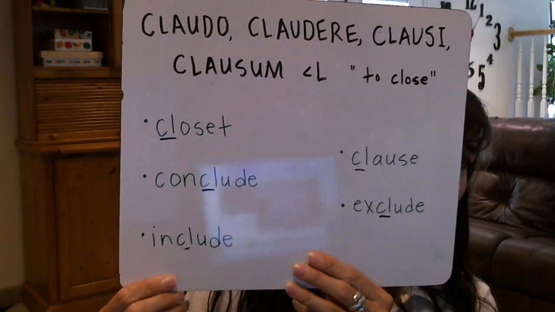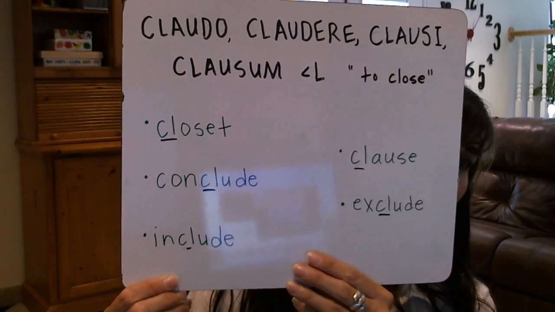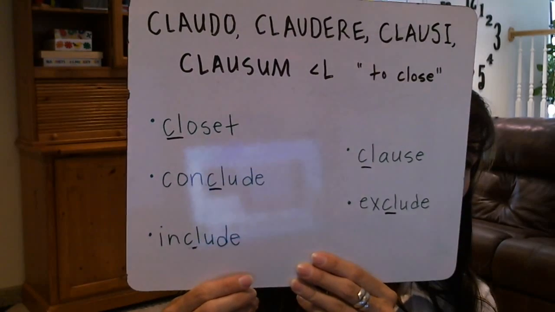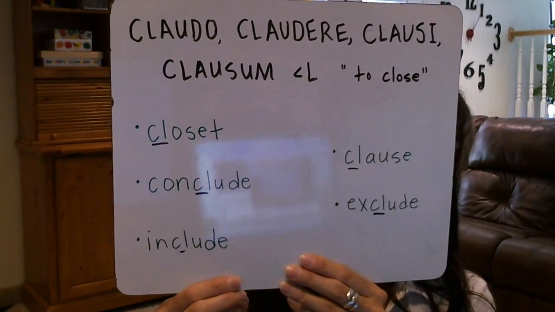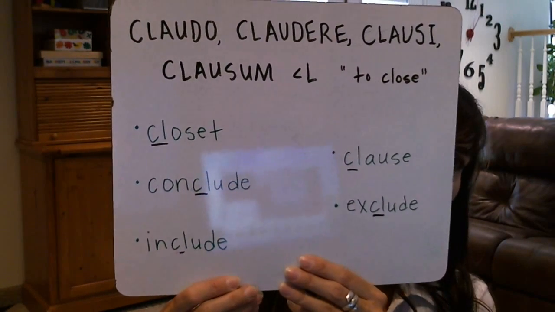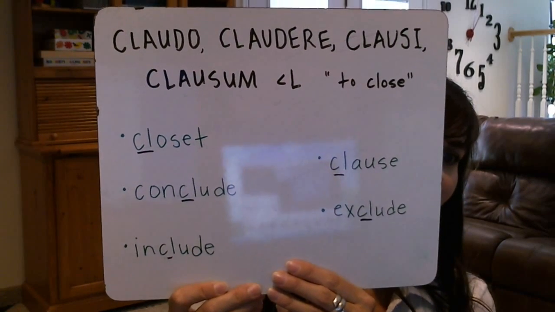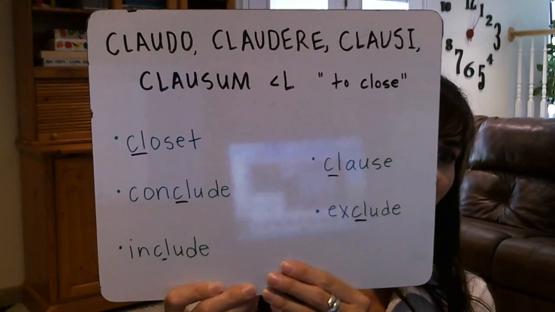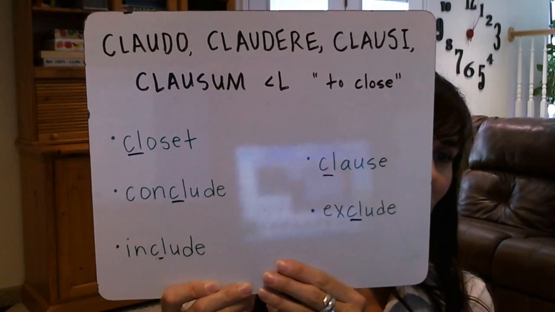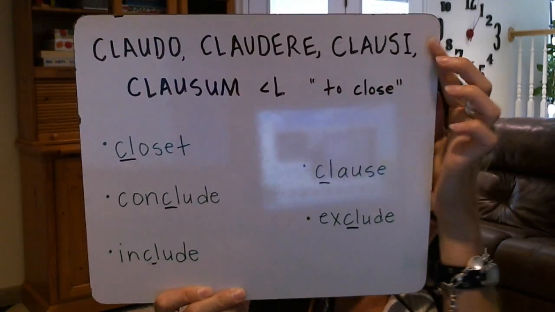And then you can see that they mean to close. And then look at the words that we have in the English language that come from these Latin roots. They don't even look anything like the spelling that you see above, right up here.